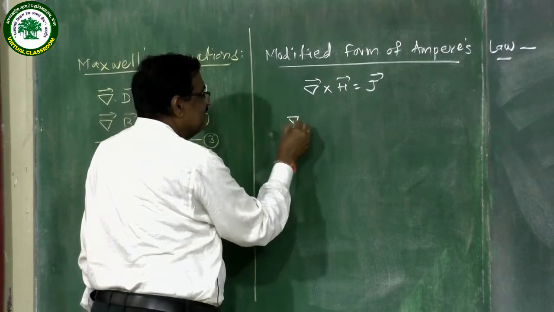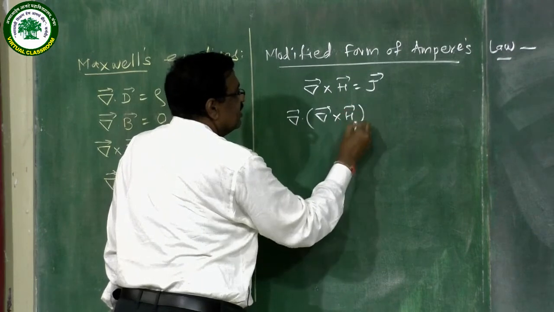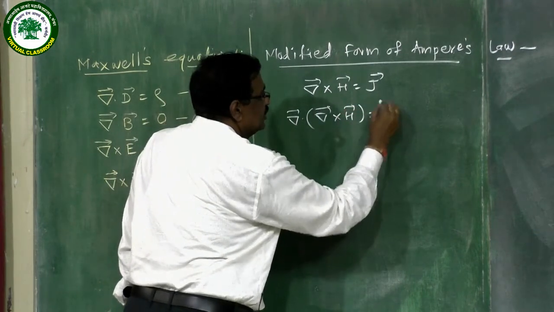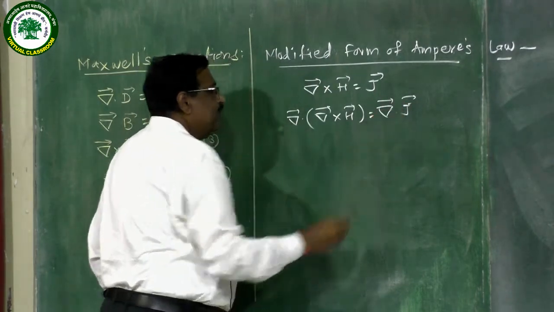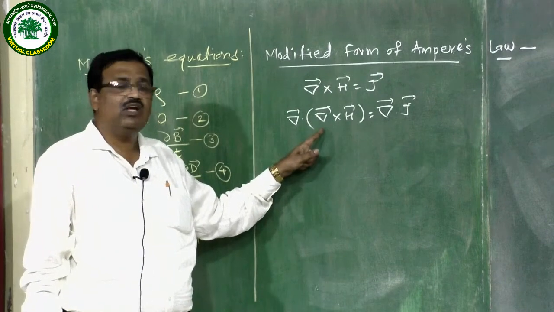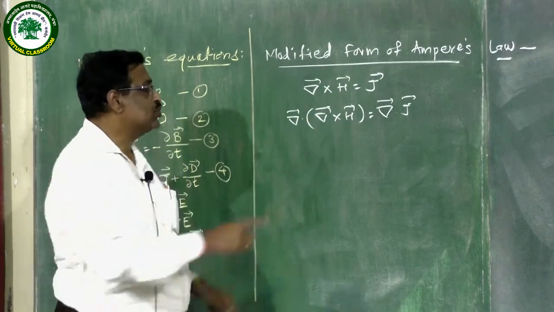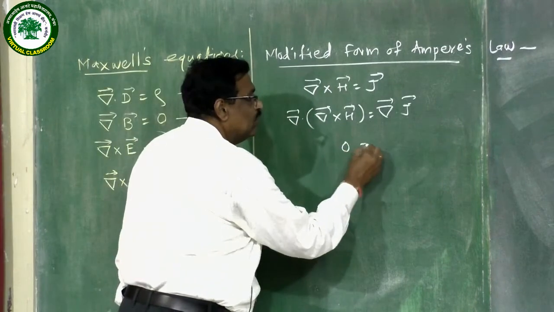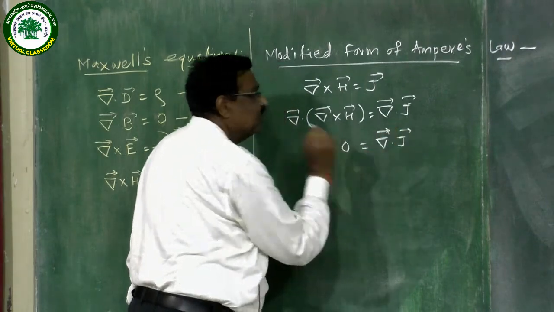We have the divergence of del cross H, or curl of H, is equal to divergence of J. We already know that if we apply the divergence and curl operators in succession on any vector, the result is always equal to 0. So on the left hand side we have 0, and on the right hand side the divergence of J becomes equal to 0.